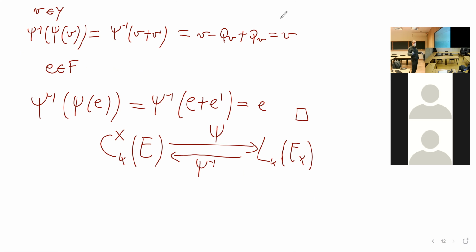And then we defined psi and psi inverse on generators. We verified that they satisfy the relations. So this gives us well-defined homomorphisms in both ways. Okay. So we know we have these two homomorphisms, and then it only remains to check that they're mutually inverse, which we just did. So these two algebras are isomorphic by explicitly given formulas.